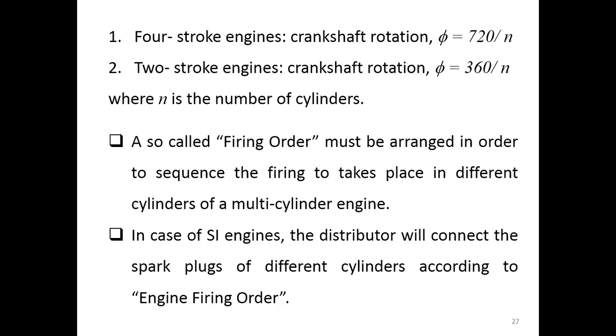So it's 720 degrees divided by the number of cylinders. But for the 2-stroke engine, the crankshaft rotation will be 360 degrees divided by the number of cylinders, because for every round of the crank, we need 1 explosion or 1 power cycle.